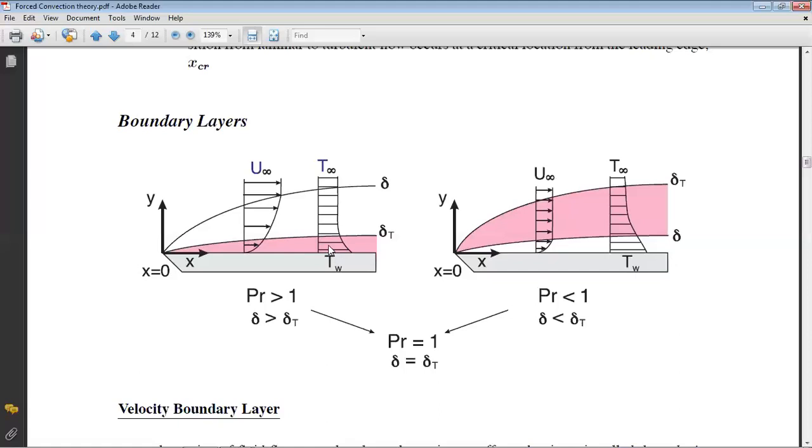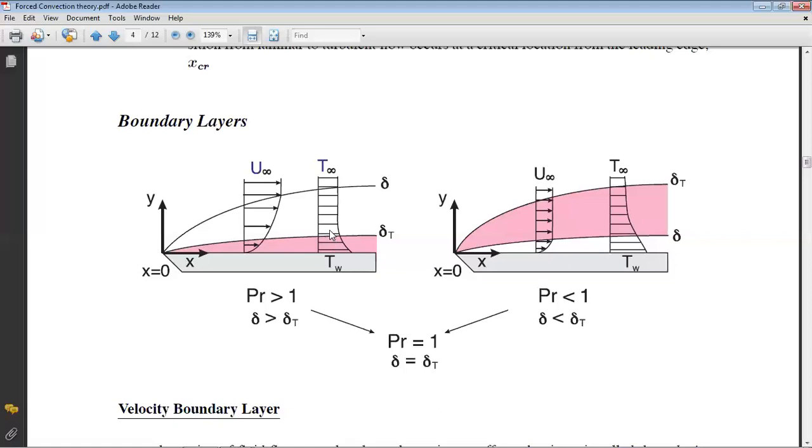As we move upward, the difference in temperature goes on reducing because the air which is flowing at a certain distance from the plate will absorb less energy. As a result, if you take the temperature difference of this with the temperature of the fluid, that will come down.